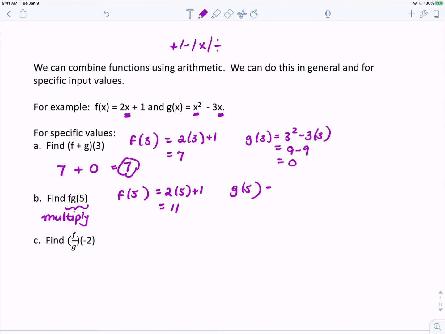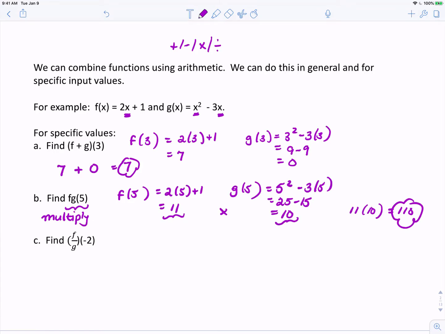G of 5 is 5 squared minus 3 times 5. This is 25 minus 15, giving us a result of 10. And so f times g of 5 means to take f of 5 and g of 5 and multiply them together. So if we take 11 times 10, we get a final answer of 110.